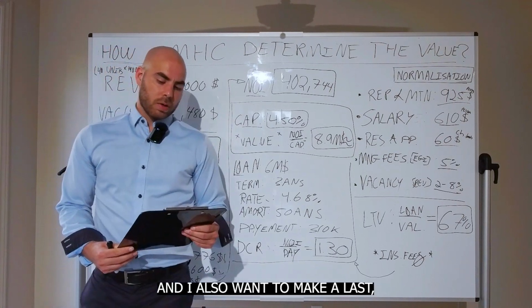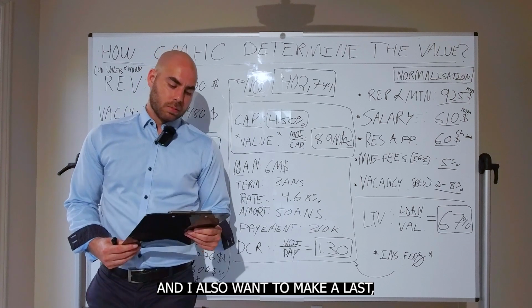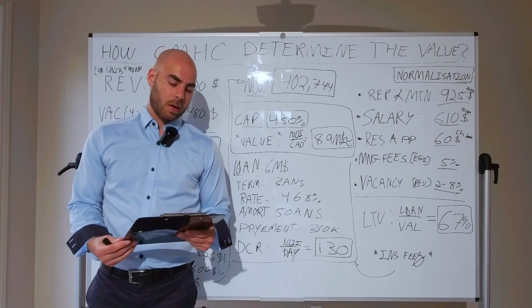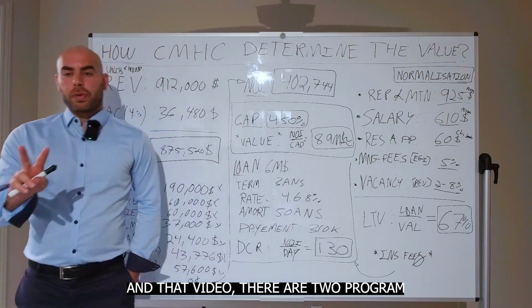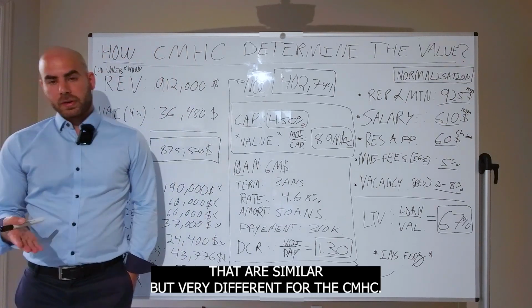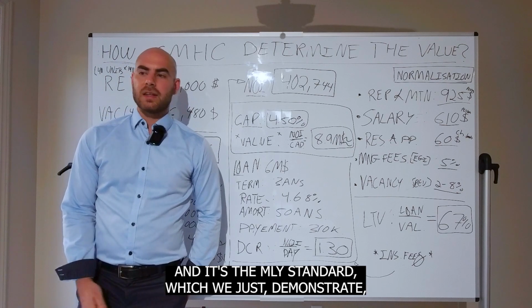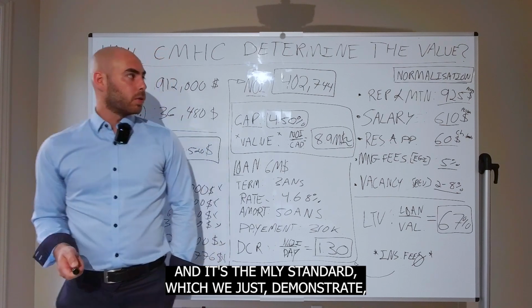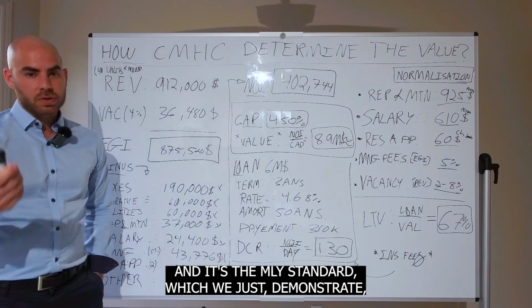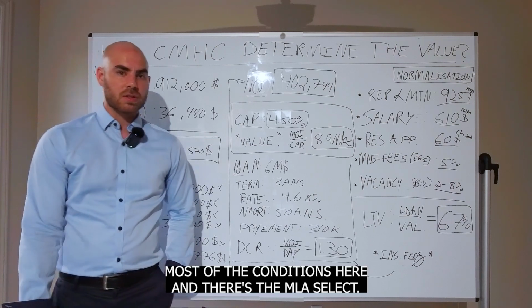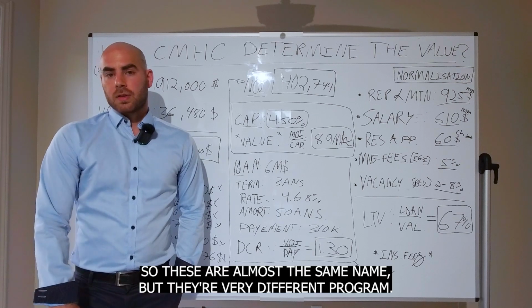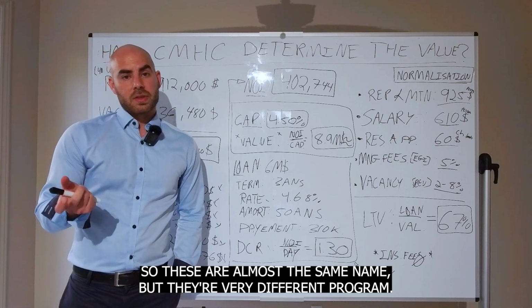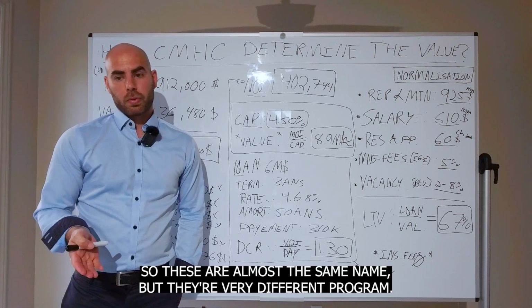And I also want to make a last justification in that video. There are two programs that are similar but very different for the CMHC: the MLI standard, which we just demonstrated most of the conditions for here, and the MLI select. So these have almost the same name, but they're very different programs.